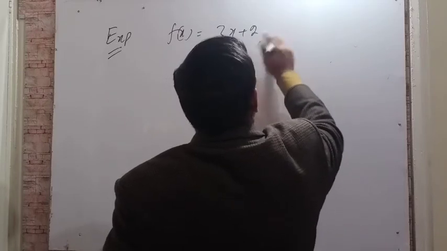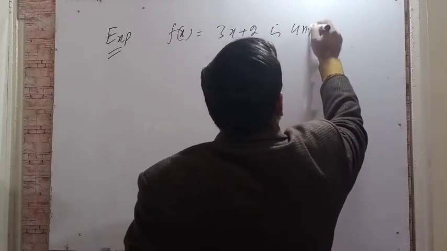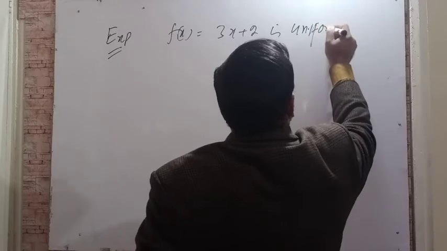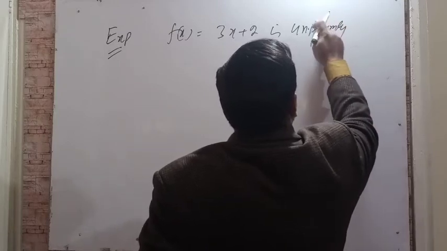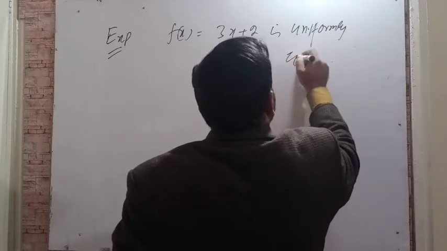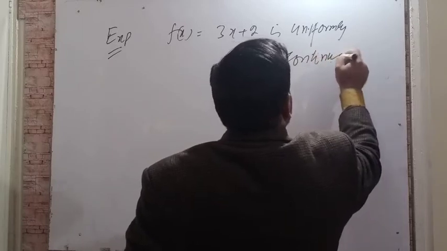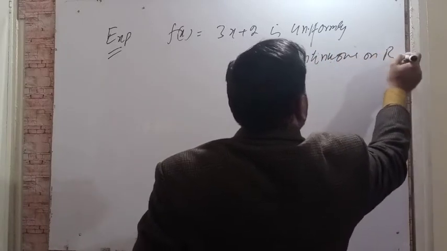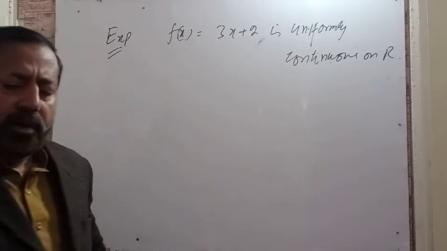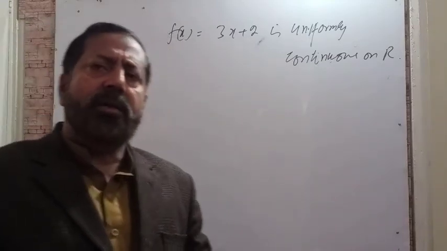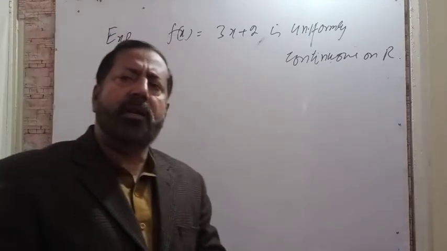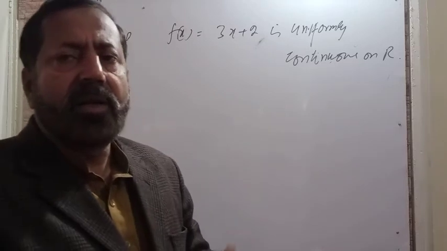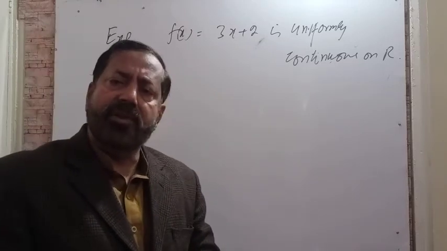Is it uniformly continuous on R? Once again, you choose delta, and later we will decide what the value of delta should be, so that the definition of uniform continuity is satisfied.